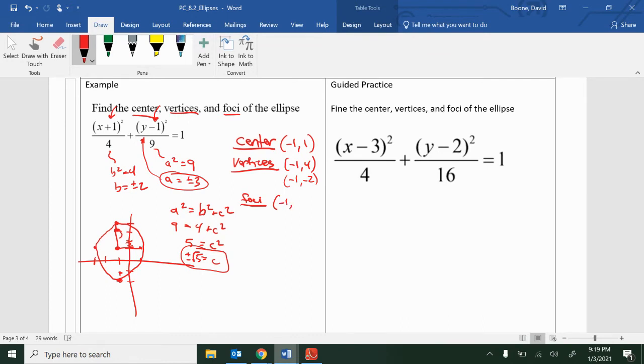And then it's going to be at this 1 value plus that root 5, and then at this 1 value minus that root 5. So you can write this together: negative 1, 1 plus root 5. And then the other one would be at negative 1, 1 minus that root 5.